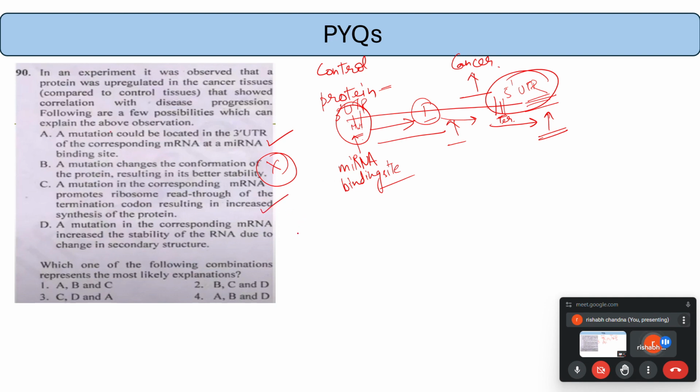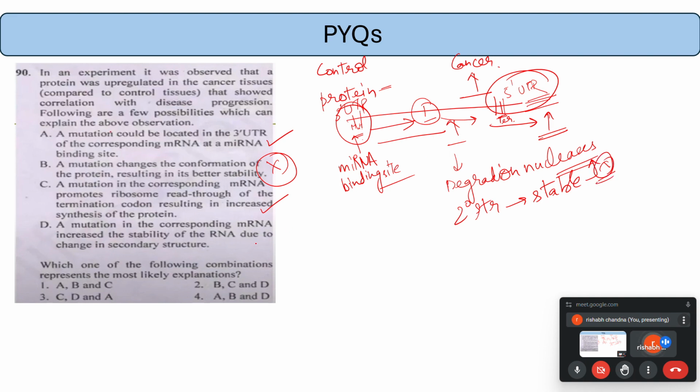A mutation in the corresponding mRNA increases the stability of the RNA due to change in its secondary structure. So this might be a possibility because if the RNA is stable, then it will not be prone to degradation by the nucleases.